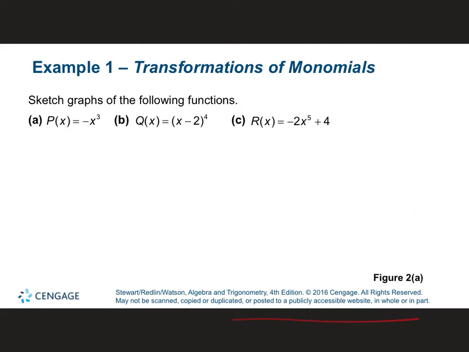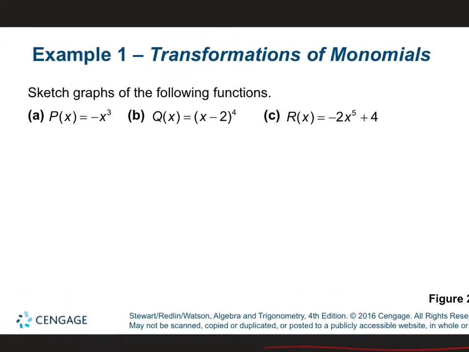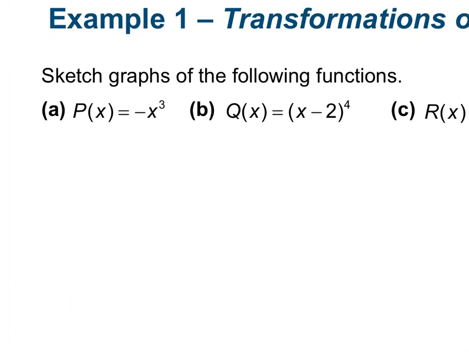If we look at example 1, before we actually graph these, we're not going to worry about graphing them. We're just going to tell about the end behaviors based off of the transformation. So for example A, we have p of x is equal to negative x cubed. Well, what type of graph is that? It's an odd power, so it's opposite end behaviors.